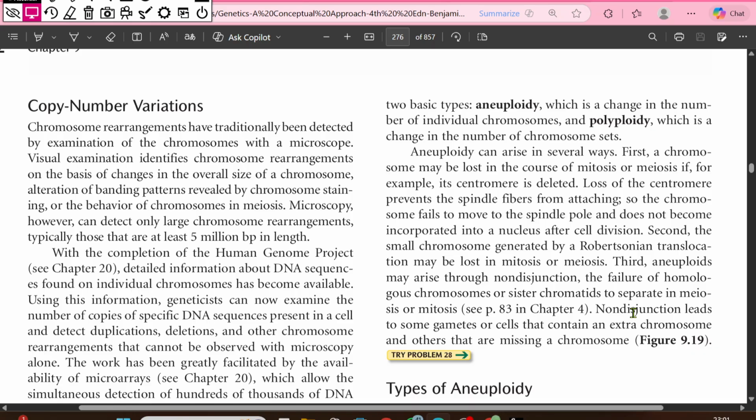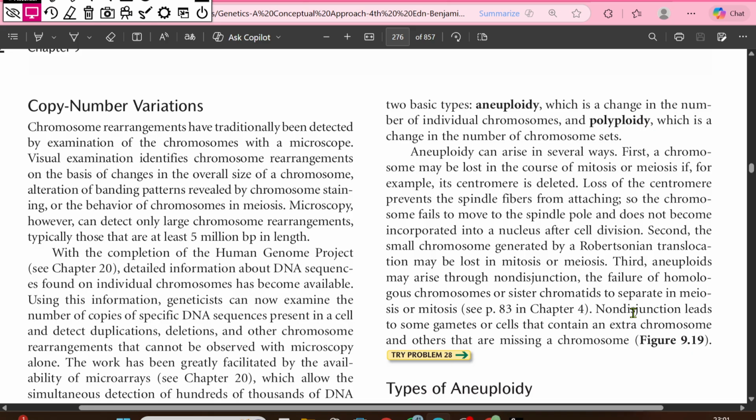They can be of two types, one being aneuploidy and the other being polyploidy. In aneuploidy, either the addition or deletion of 1, 2 or 3 chromosomes can occur. But in polyploidy, the entire set of chromosomes gets duplicated or triplicated.